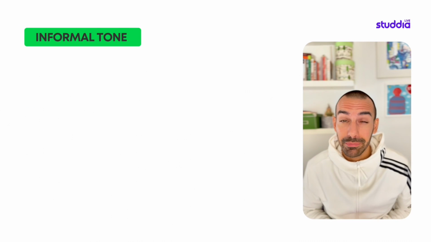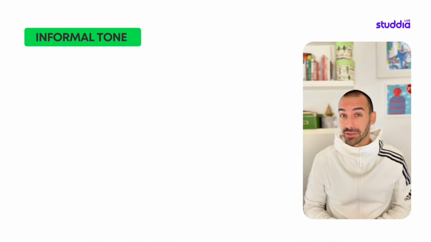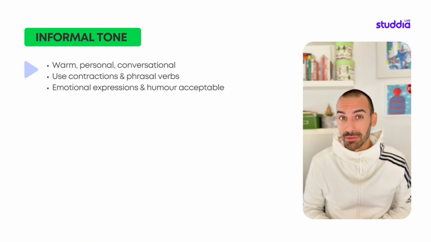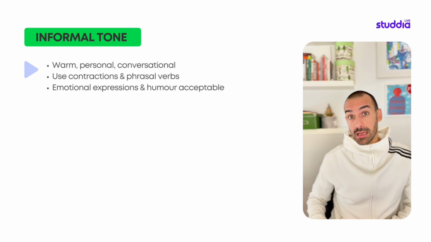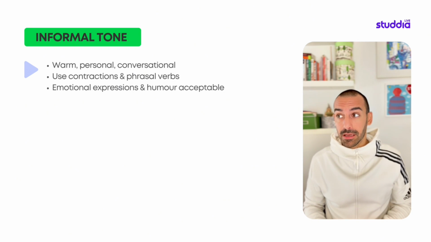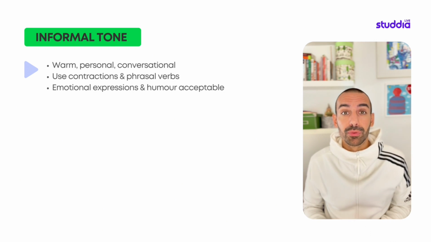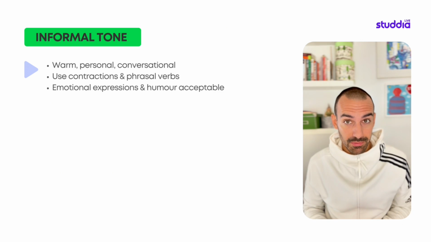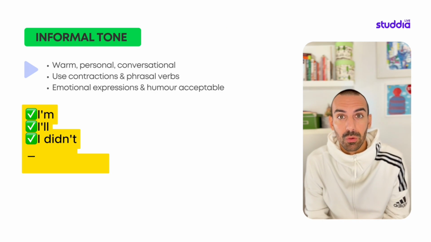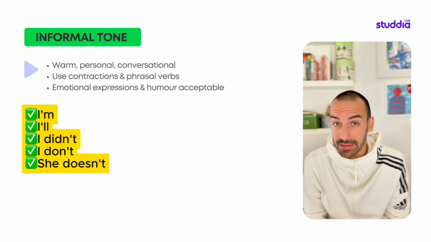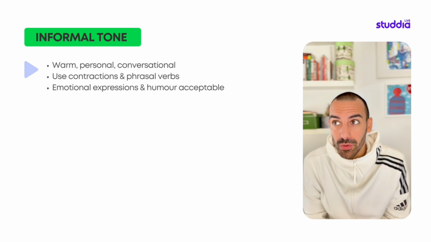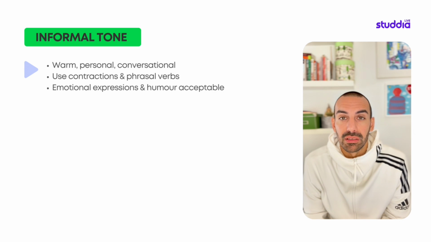Informal letters are typically warm and conversational because you're usually writing to a friend or a family member, someone you know well, someone you are comfortable with. And here, it's absolutely appropriate to use contractions. In fact, you should use them. Words like I'm, you're, can't, don't, I'll. That's completely fine. It sounds natural. You can also use idiomatic expressions and phrasal verbs because that's how people speak in real life.